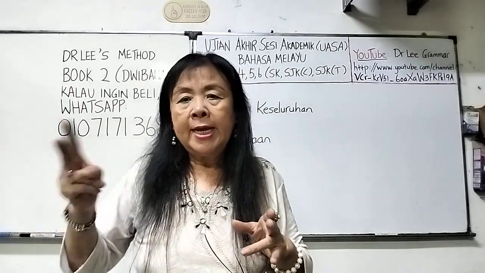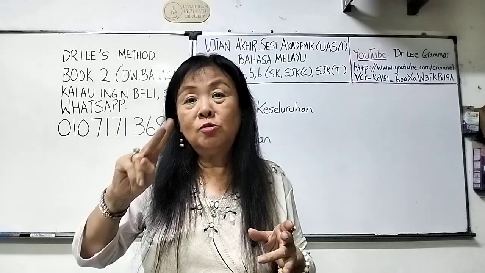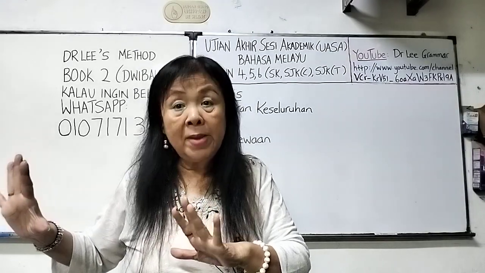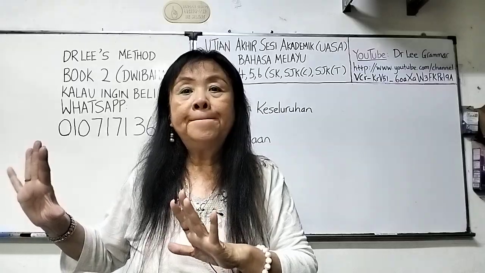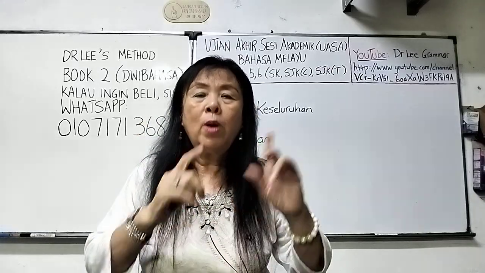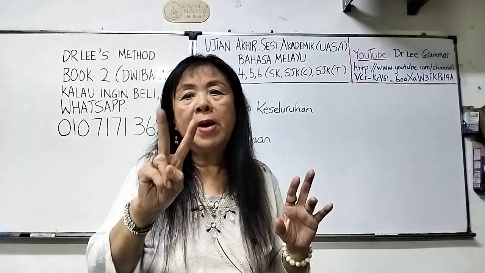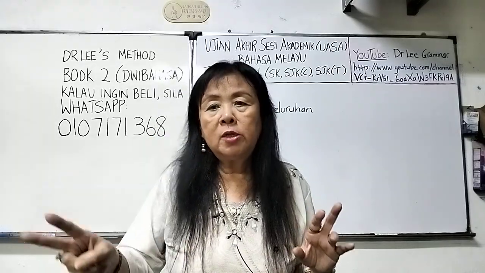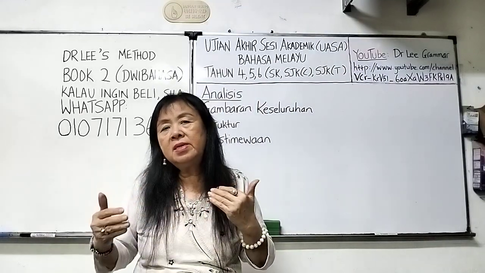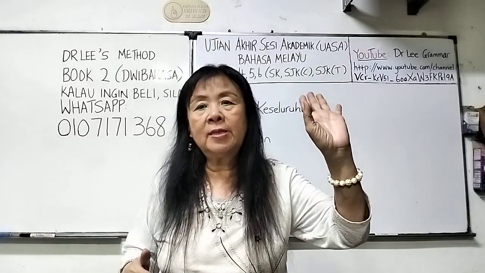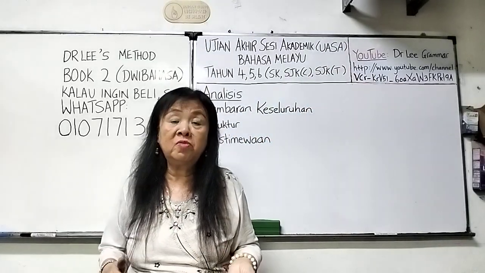So that means he sat for Bahasa Melayu 2 times. Once together with all his schoolmates, SJKC BM, and one more time, SK Bahasa Melayu. That means he sat for 2 Bahasa Melayu papers. Normally if you pass with ABC, the government allows you to go directly to Form 1.